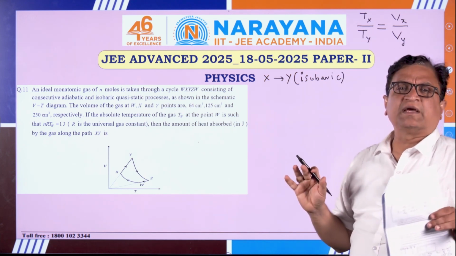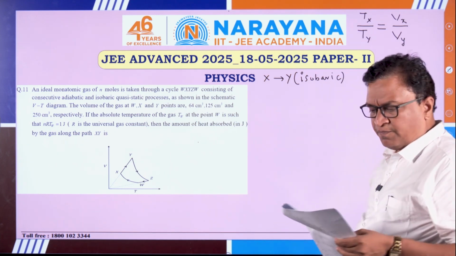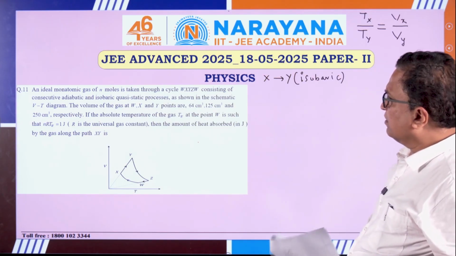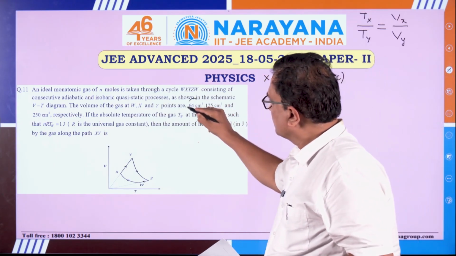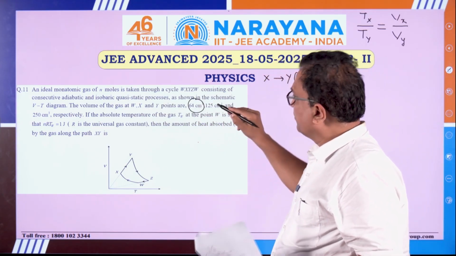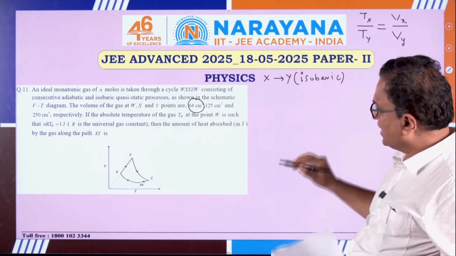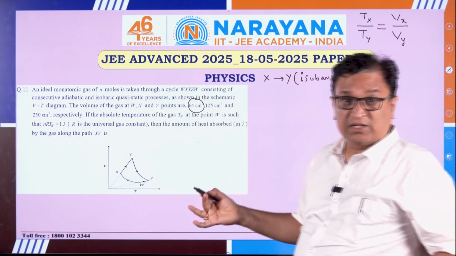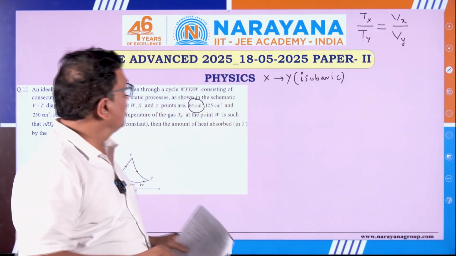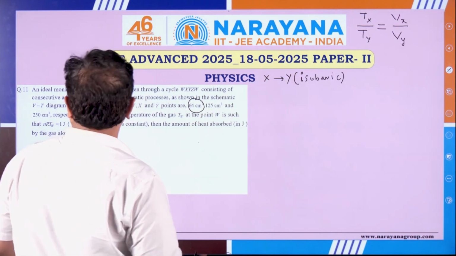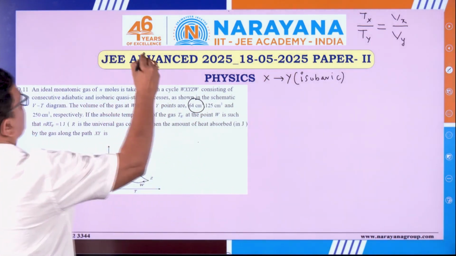I will use that at any time. By the way, you have been given the volumes Vw, Vx, Vy. That is also mentioned in the question. Let me write that data also properly. I'll write over here.